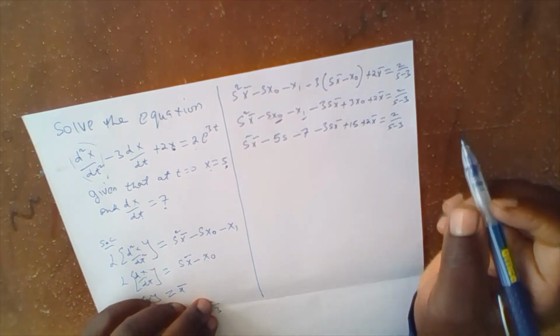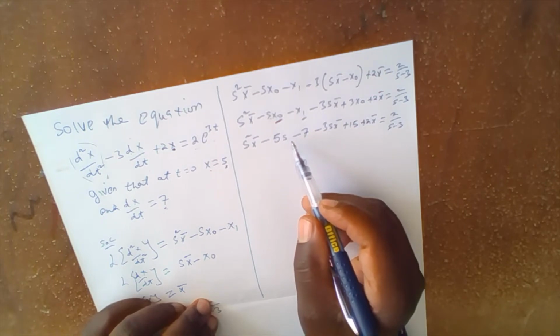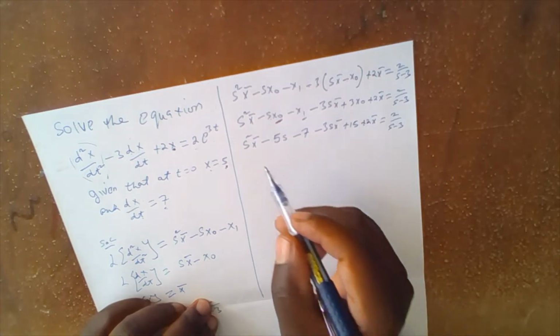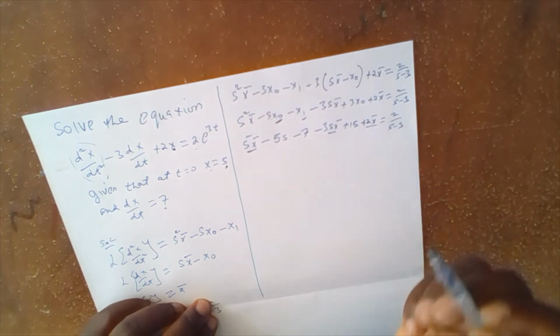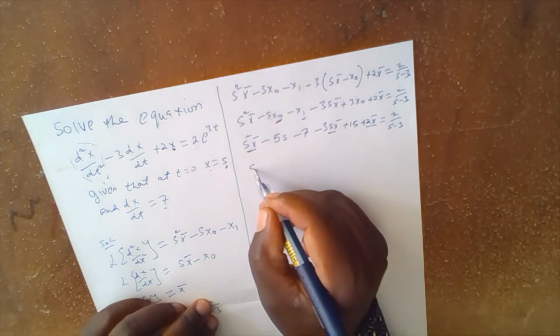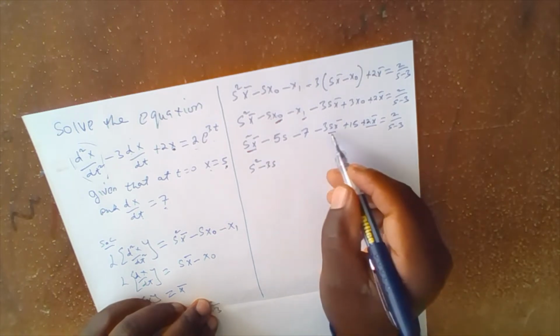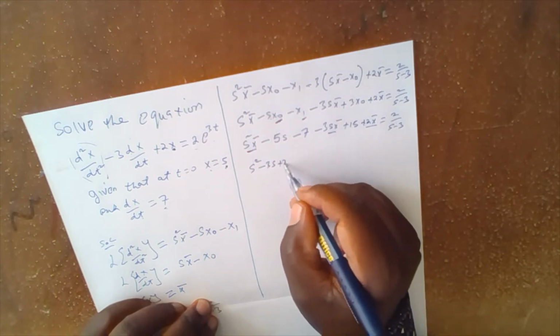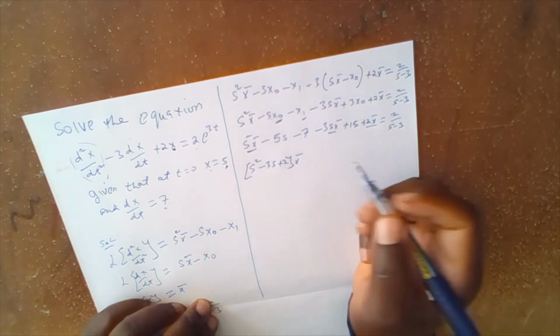Now we have like terms. We shall group these together so that we have s² minus 3s plus 2, then we factorize out x bar.